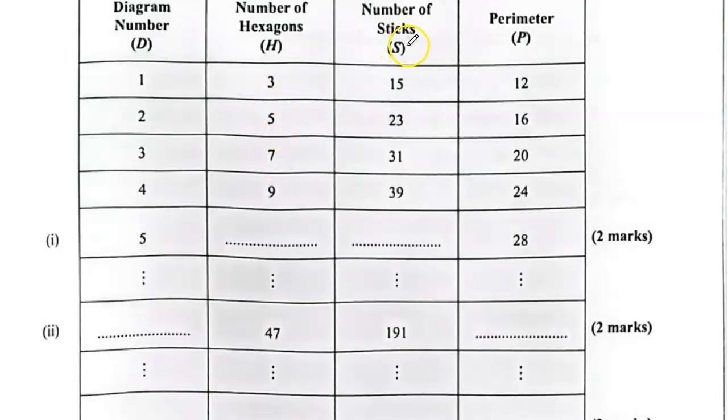The number of sticks increasing by 8, and the perimeter increasing by 4. So for the fifth diagram, increasing by 2, this should be 11. It's increasing by 8, so this should be 47. You see it increasing by 4. We already have the 28 there.